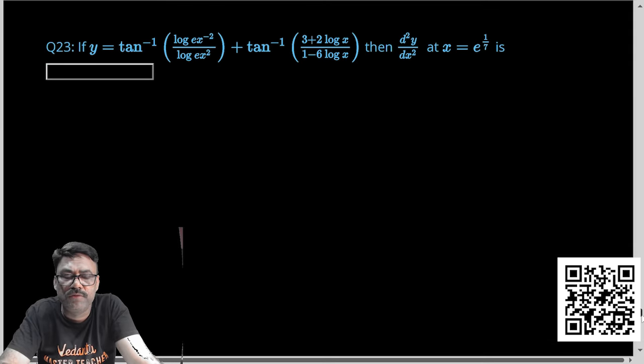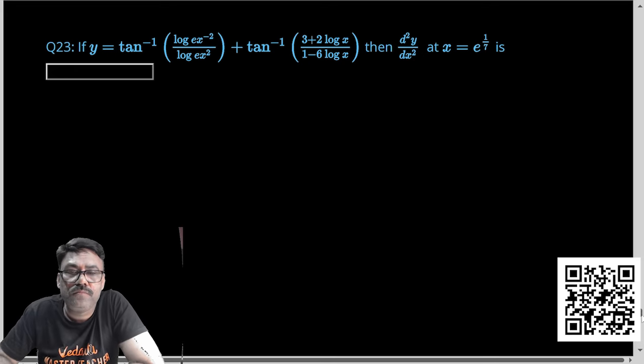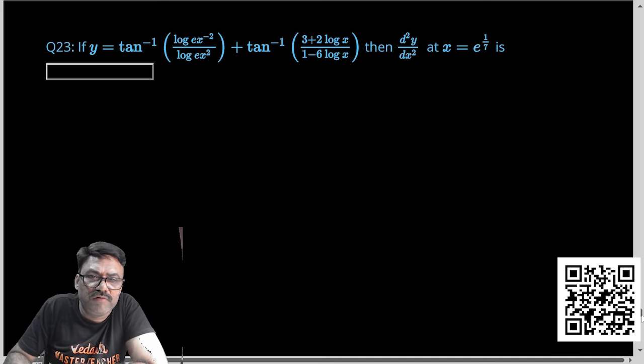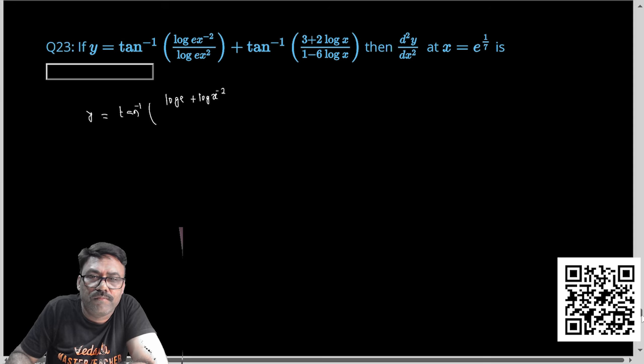Now let's see question number 20. You have to find d2y by dx2, the second derivative, at x is equal to e raised to 1 by 7. So basically I can write y as tan inverse of log e plus log x raised to minus 2, and then log e plus log x raised to plus 2.